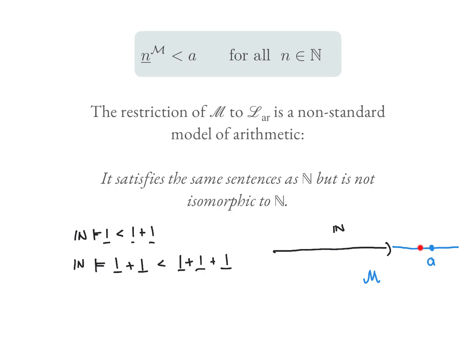So there has to be a number here that we could call A minus 1, and so on. So think a little bit about what the very fact that M satisfies the same sentences as ℕ, but is not isomorphic to ℕ, how does that affect the structure of our non-standard model here? And you'll see soon there's a very interesting picture that emerges from that.